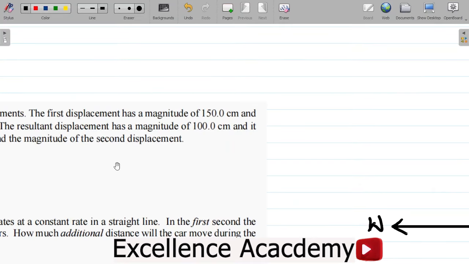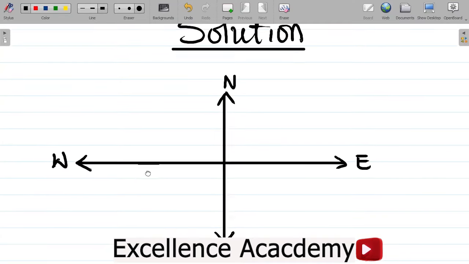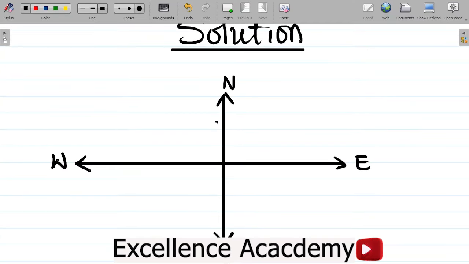Now they said northwest, right? You can see here, north of west, 30 degrees. So that means I'm looking at the northwest region. That's this one here, right? And they said 30 degrees. So I'll draw my northwest here this way, and I'll put this as what there? 30 degrees. That's northwest.